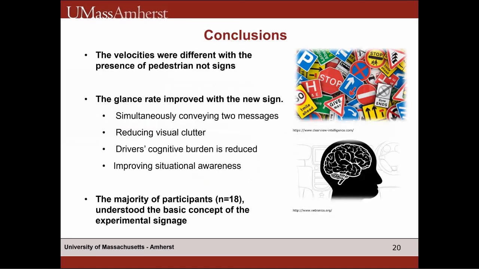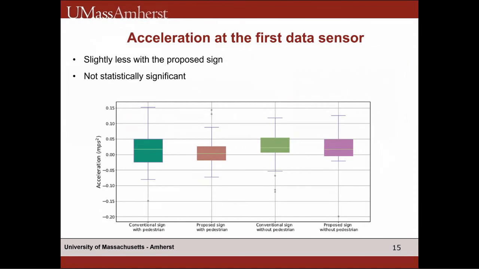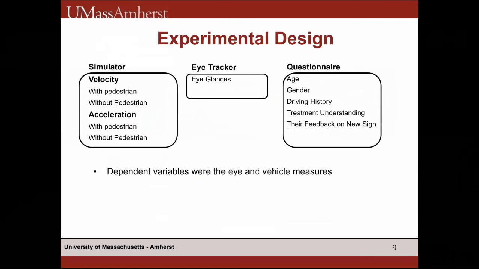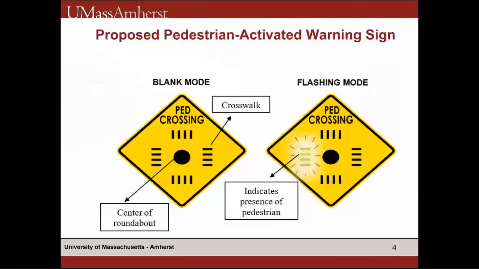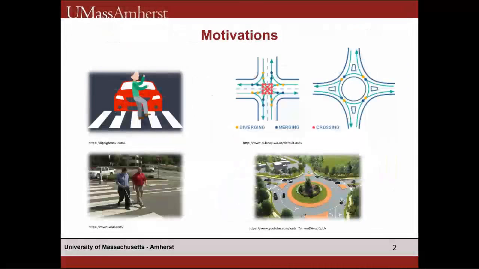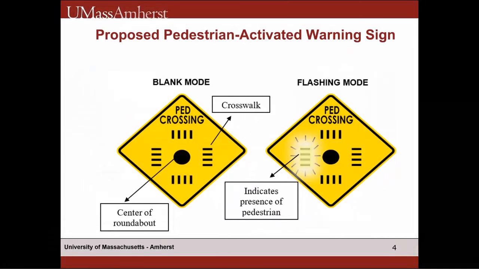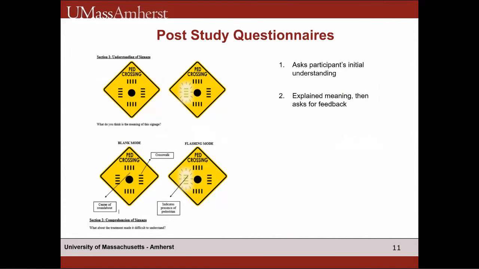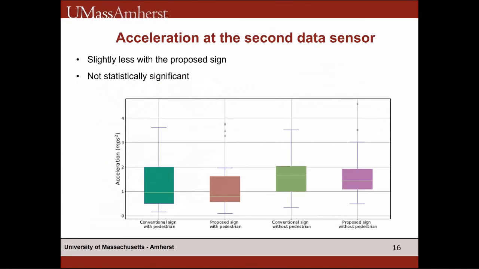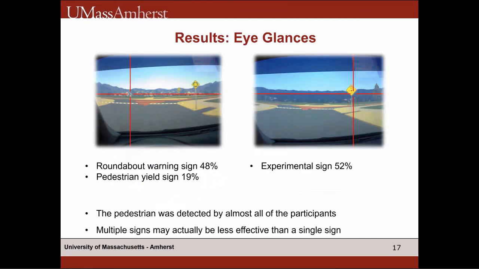So when we were designing the scenarios, we had a picture from the roundabout at UMass. The first sign was a bit further from the roundabout, which was warning drivers about the roundabout, and the second one was exactly at the crosswalk.